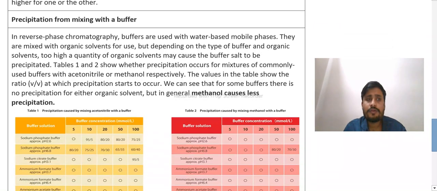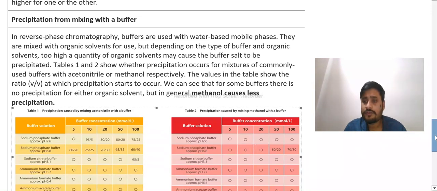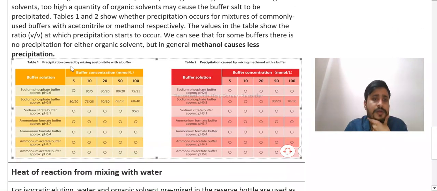Now, if we talk about precipitation from mixing with a buffer, here is the result table. If we prepare a mixture with ACN and a sodium phosphate buffer of approximately pH 2.6, at 5 millimolar we get no buffer precipitation. At 10 millimolar we get precipitation at a 95:5 ratio, and at 20 millimolar buffer strength we get precipitation at an 80:20 ratio. Everything is written here.